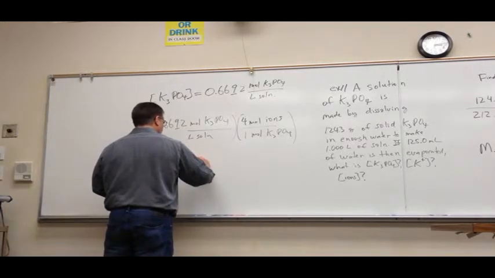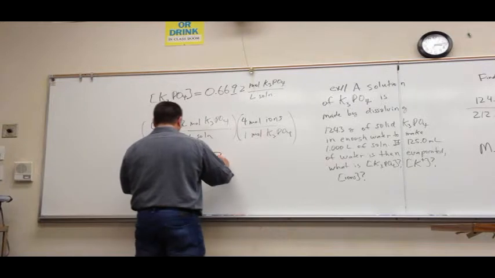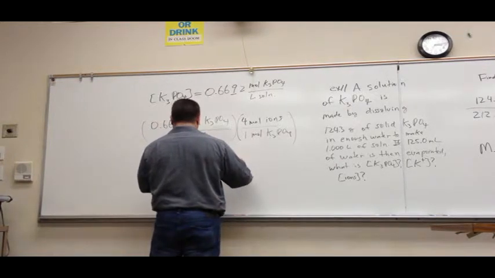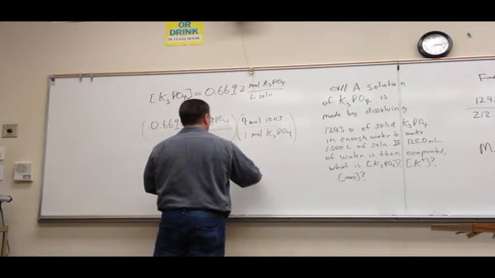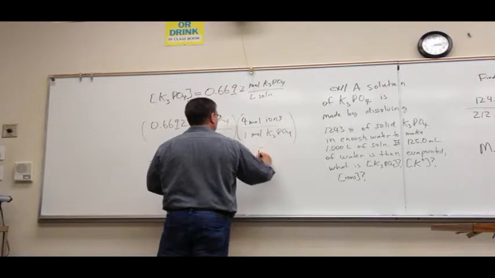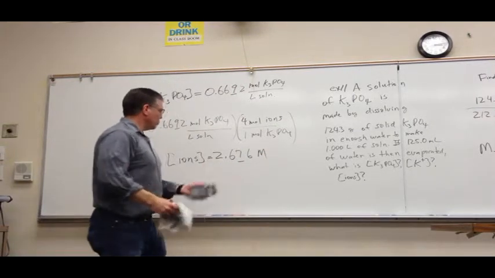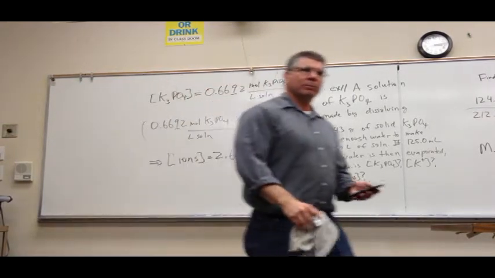It's 4 ions because there's 3 positive potassium ions and there's 1 negative phosphate. So 2.68 molar in ions.